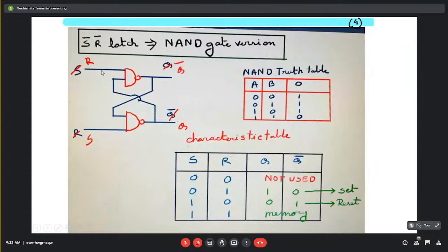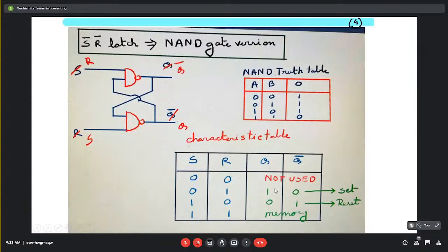That is why this is alternatively called the S bar R bar latch. If you construct two more columns, S bar and R bar, then when S bar becomes 1 it gives the set state, and when R bar becomes 1 it gives the reset state.